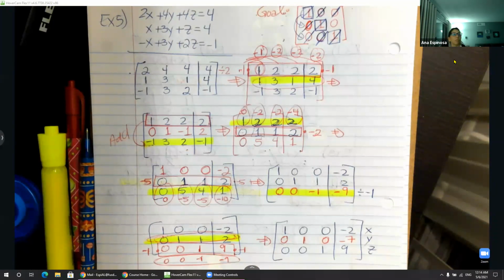I will be helping you out as much, but there is nothing like practicing this. Okay, there's no shortcut at all. 3 by 3s are a bit brutal. They are just the same steps over and over and over again. Okay, but hopefully you can have enough practice. On the test, make sure you do know how to do this by a matrix. You can check on your calculator the answer, but you still have to show the work.